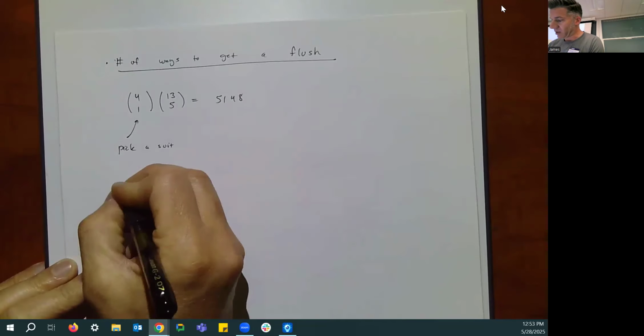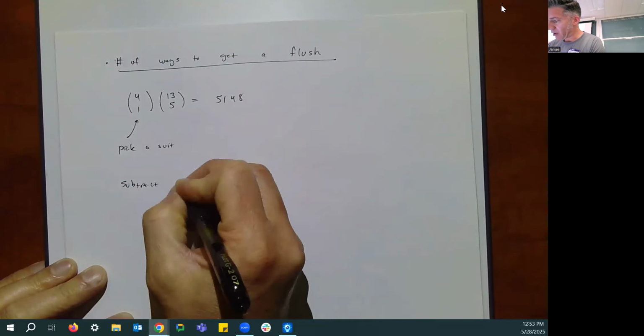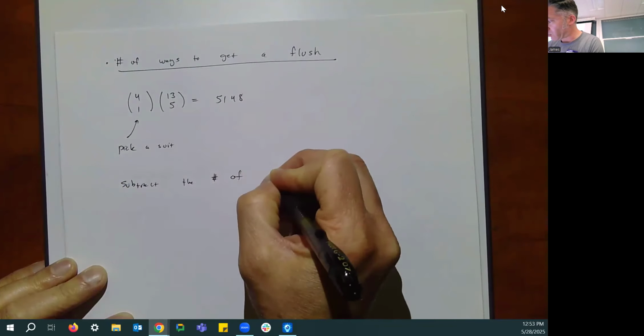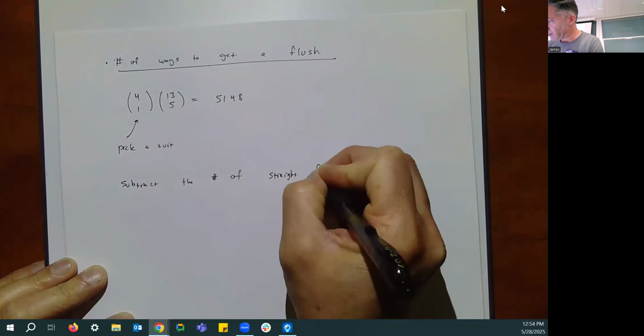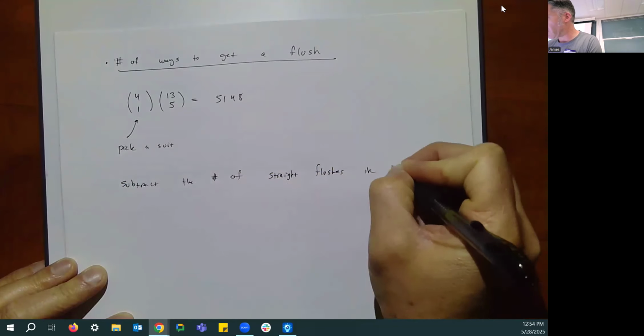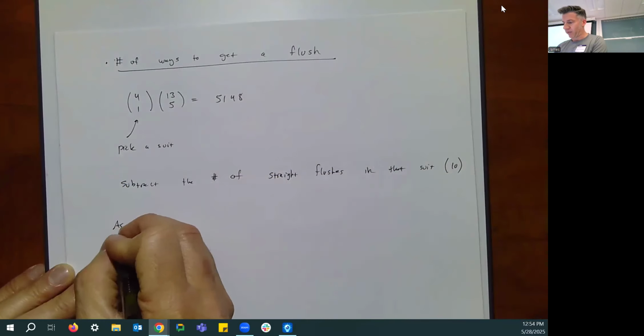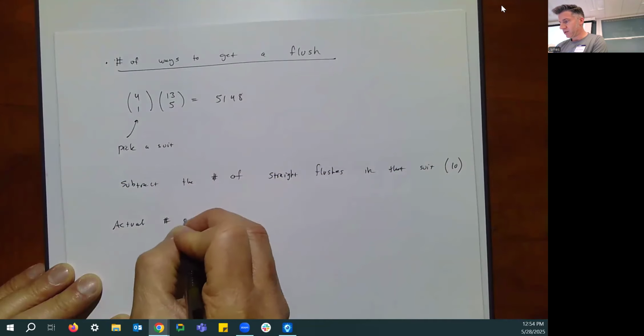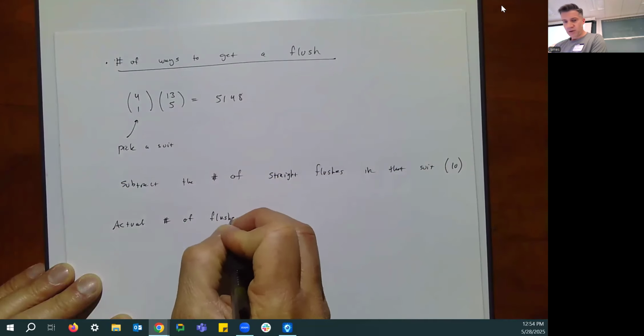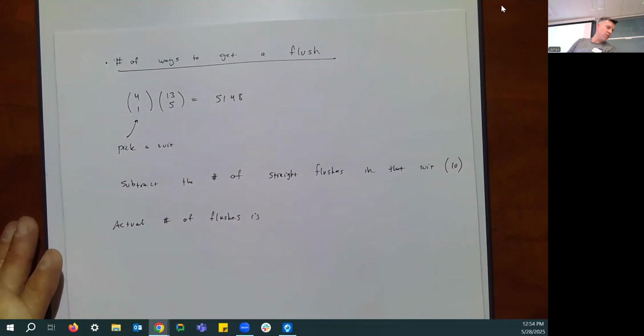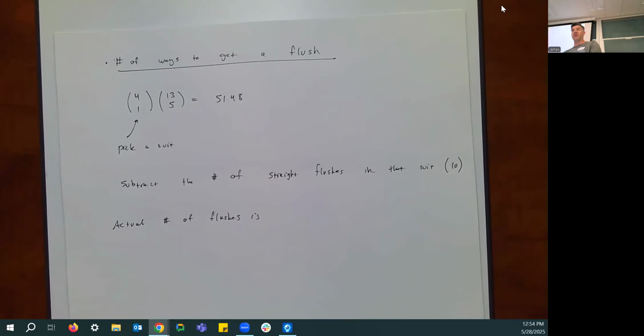So we have to subtract off the number of straight flushes in that suit, which is just 10. So the actual number of flushes is going to be... sorry, we actually have to subtract off 40 because we weren't limiting ourselves to one suit, right?